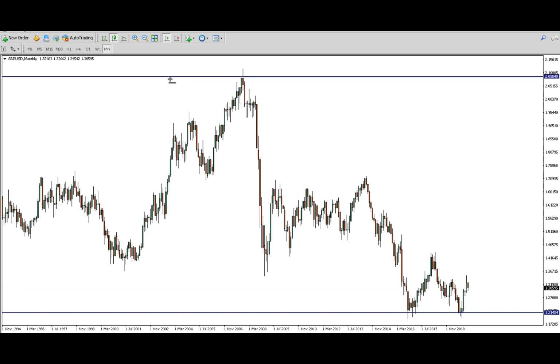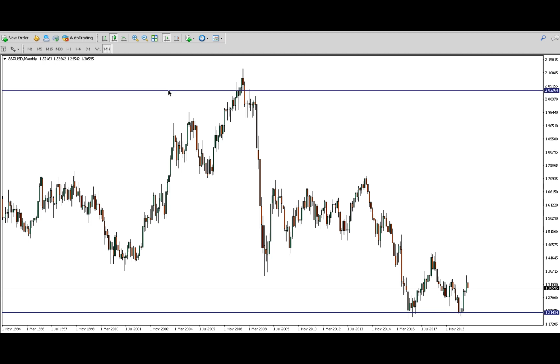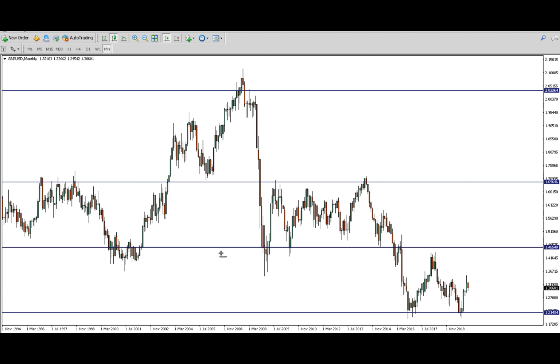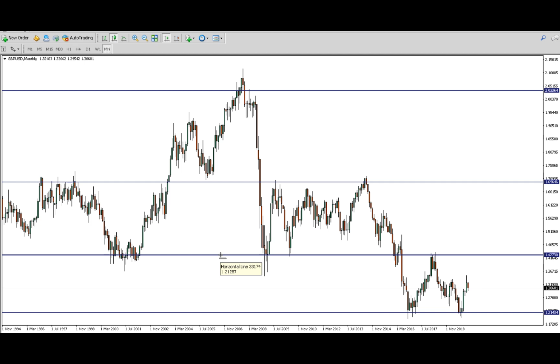Well, we have these highs that we don't really care about right now, but we will draw them anyway. We have this, maybe somewhere here or even here, that we also don't care very much about because it's so far away. We have this, that starts to get a little closer to us, maybe here.